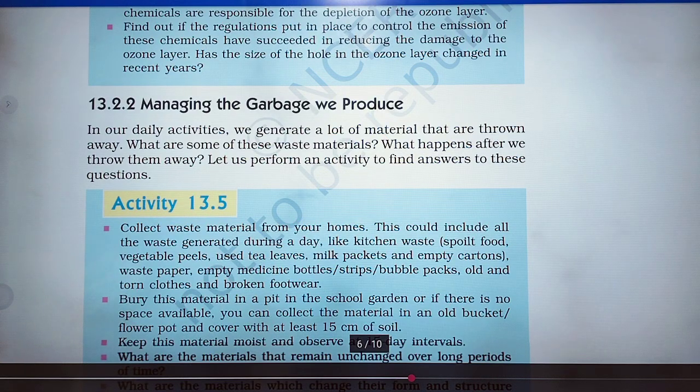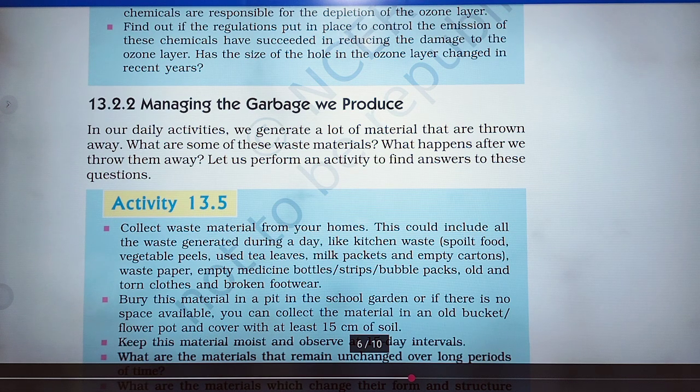Okay, waste paper, empty medicine bottles, strips, bubble packs, old and torn clothes, and broken footwear. So these are some of the waste we generate during a day.